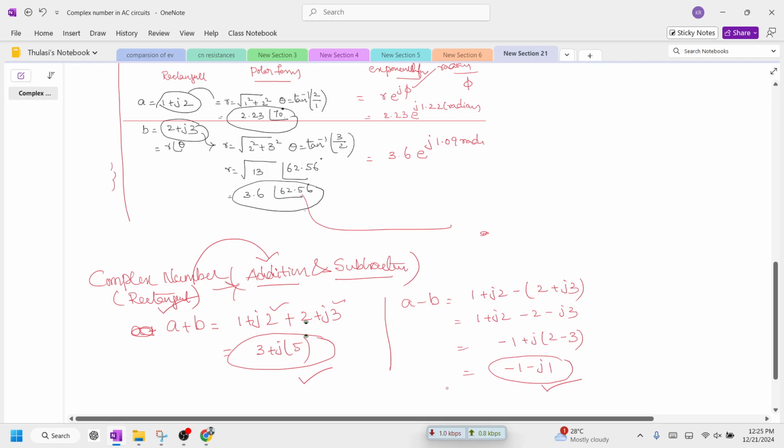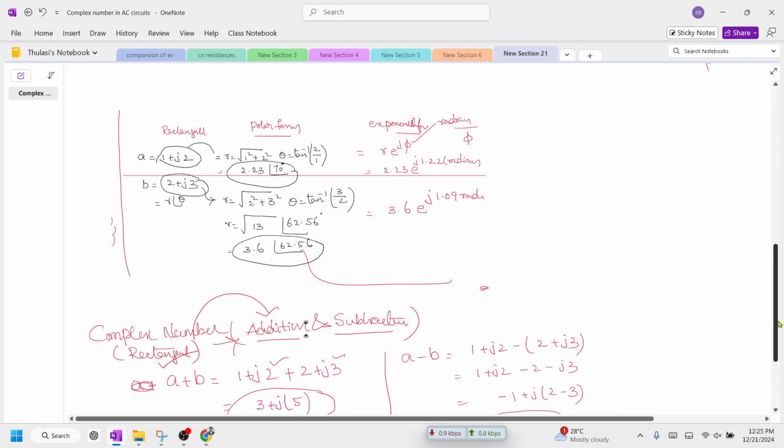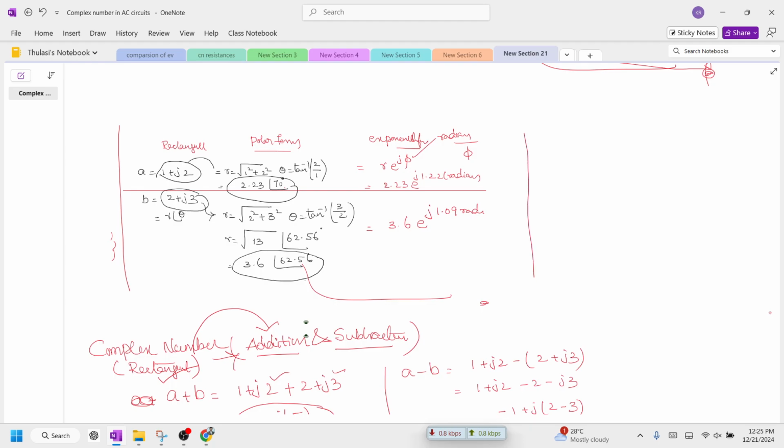Okay. So now similarly, we are going to learn how to perform complex number multiplication as well as division. So we need to learn about multiplication as well as the division.